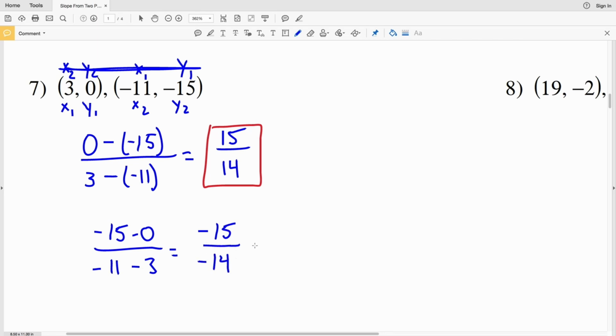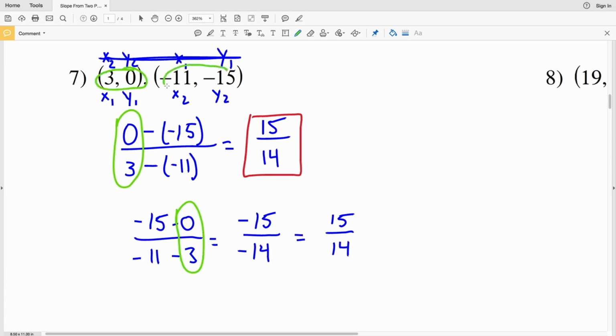A negative divided by a negative is a positive, so you can see we will get 15/14. It doesn't matter which coordinates have the subscript of 1 or have a subscript of 2. As long as you are subtracting in the correct order, it doesn't matter which point or which coordinate you start with first. So 0 and 3 line up on the left here, and 0 and 3 line up on the right here.